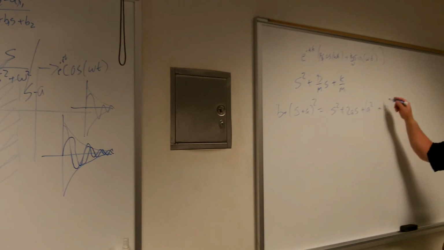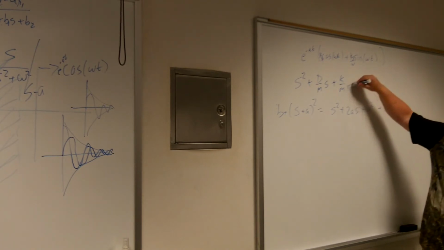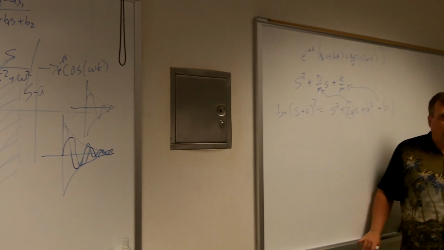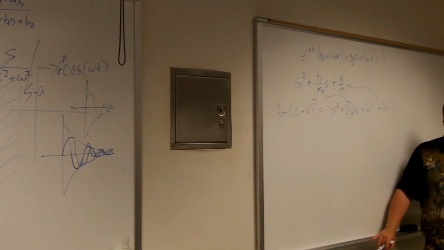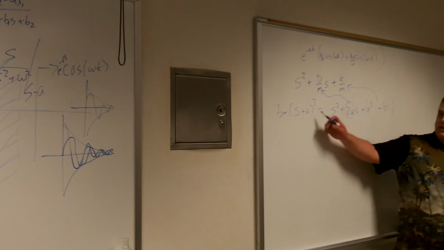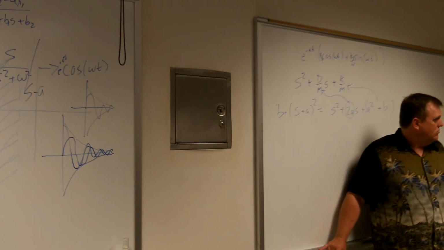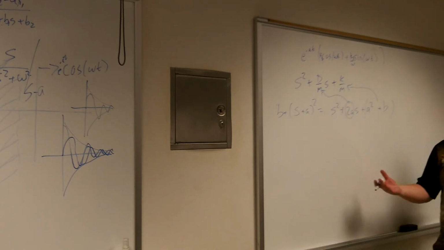So A squared plus B has to be k over m, and 2A has to be d over m for this to work, in order to get into this form. That's what we mean by completing the square.